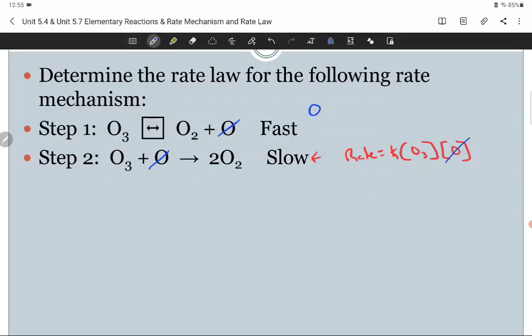So looking up at this step 1, we have this idea. Think of it as that. Now, remember that when we have these balanced chemical equations and we have these pluses, somehow they don't become pluses when we go into a rate law, they become multiplications.